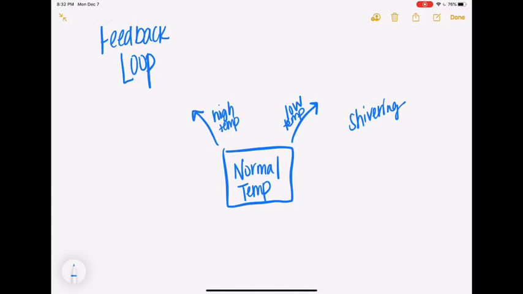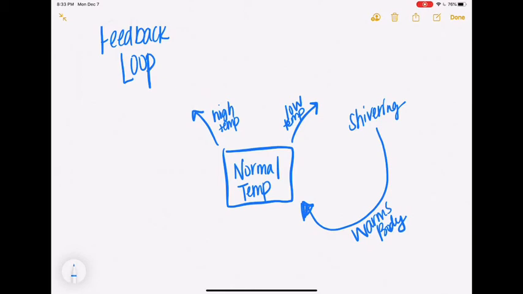You get cold and you kind of get the shivers. Well, what that does is that's a lot of muscle contractions. And those muscle contractions generate energy. And as that energy is released, it's released as heat. And it helps to warm your body up. Okay? And so that helps restore you back to normal temperature.